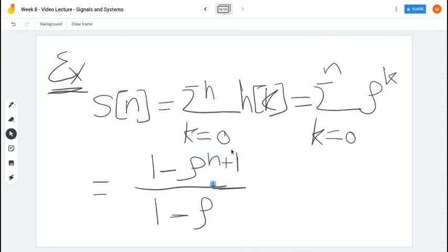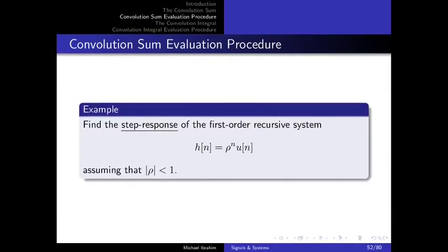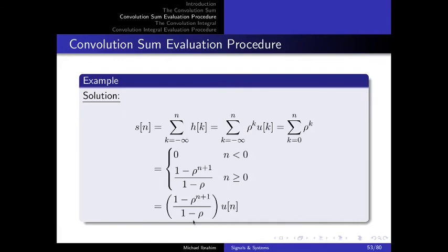Of course, this will be true if n is larger than 0. But if n is less than 0, we will be summing terms that are basically 0, since h of k is 0 for k less than 0. So we need to multiply this by u of n, and this would be the step response of this system. So it will be 1 minus rho in the denominator, 1 minus rho to the power n plus 1 in the numerator, times u of n.